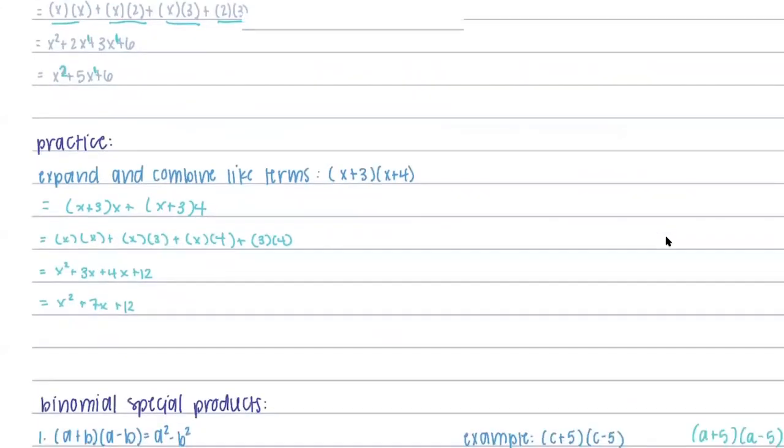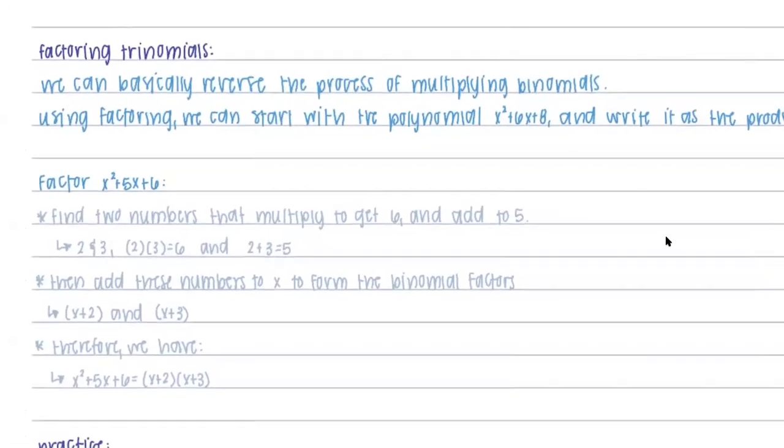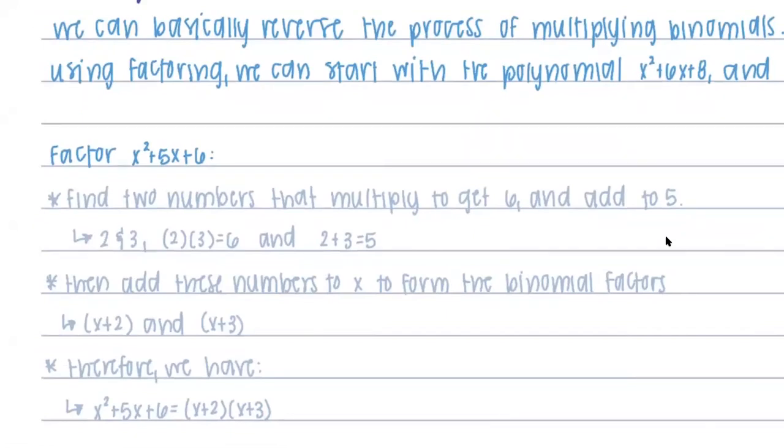We'll go through an example problem. The first thing you're going to do if you're asked to factor this is find two numbers that multiply to 6 and add to 5. 2 and 3. Yeah. That's awesome that it came right to you.